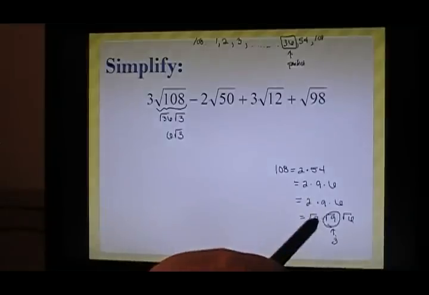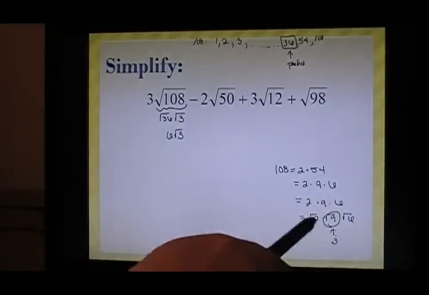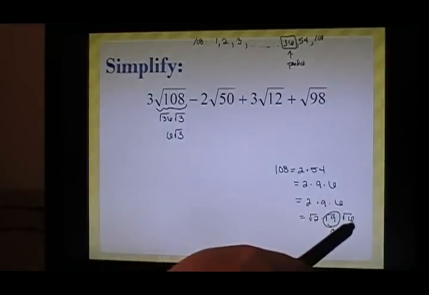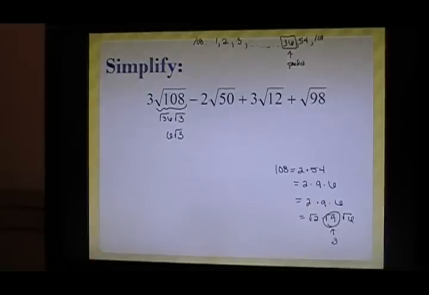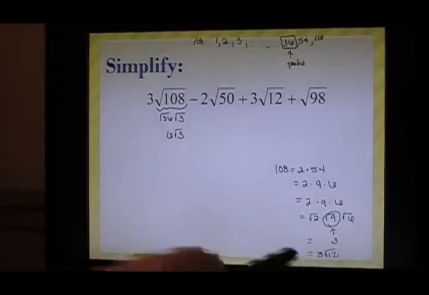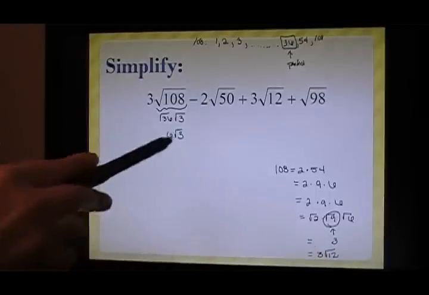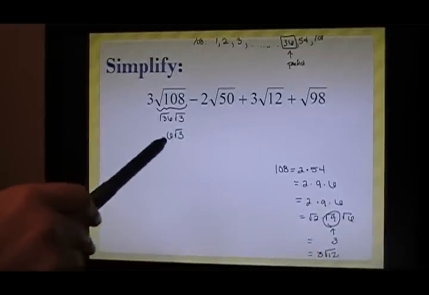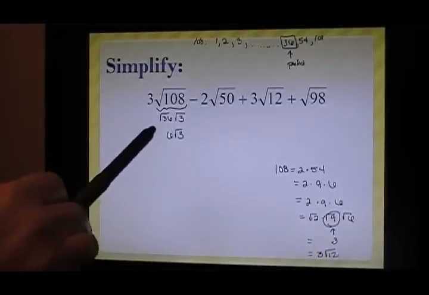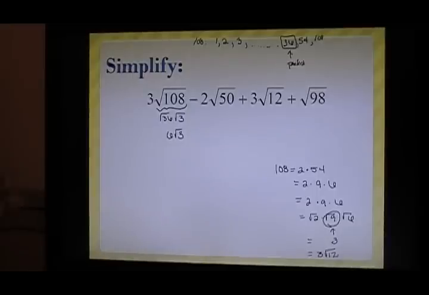And then what we've got here is 2 square root of 2 times the square root of 6, which we would have to put back together as the square root of 12. Okay? Notice what I have here is not exactly the same as what I have here, but they are equivalent.